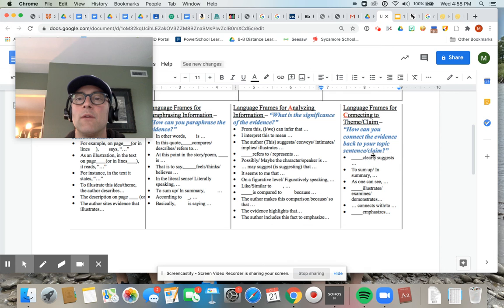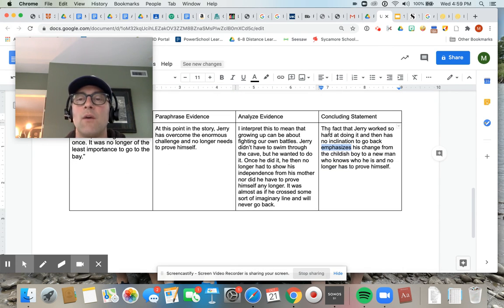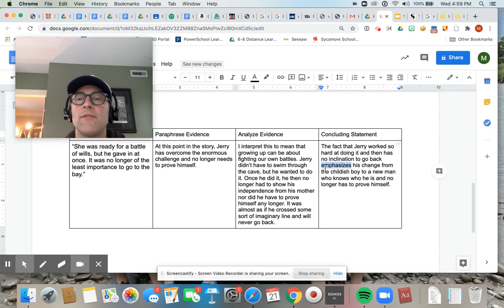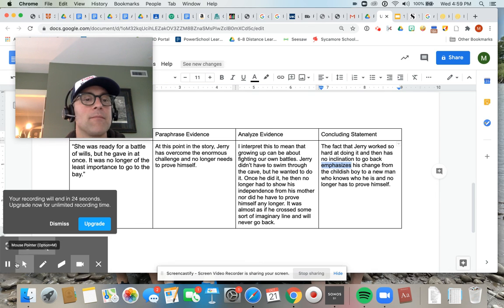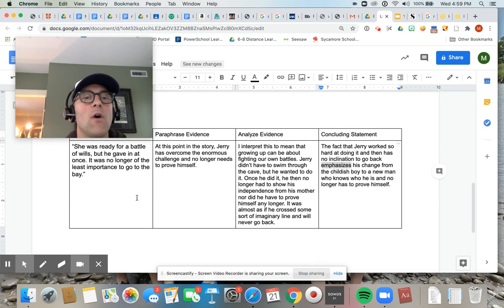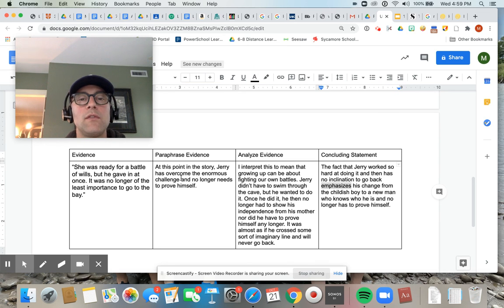Again, there it is, emphasizes. So I have to say what's going on: his change from the childish boy to a new man who knows who he is and how to prove himself. All right, so all of this is to say, use these four parts to write an amazing analysis of your evidence.